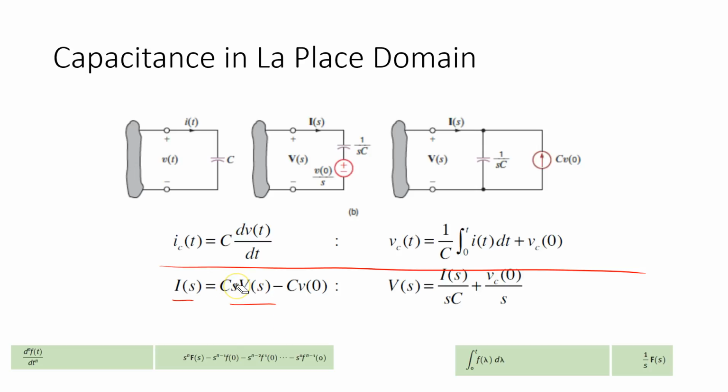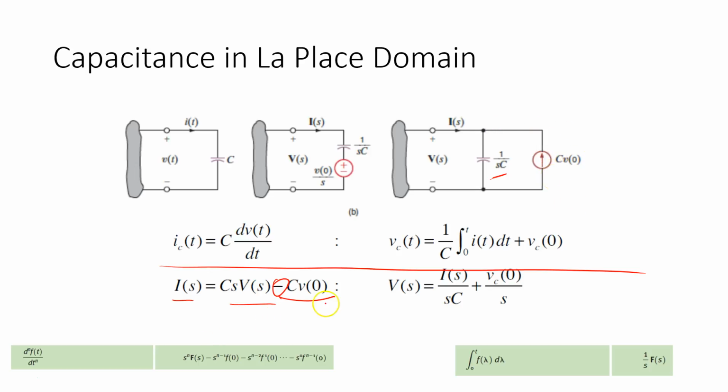Remember, V is equal to IZ, where Z is the impedance, or I is equal to YV, where Y is the admittance, which is simply 1 over the impedance. But since we're drawing impedances, this means that 1 over sC will be the impedance. And this Cv0 now, since we're looking at current, is a current source. And since it is negative, it will be going in the opposite direction to I(s).